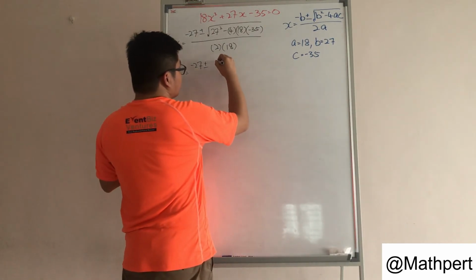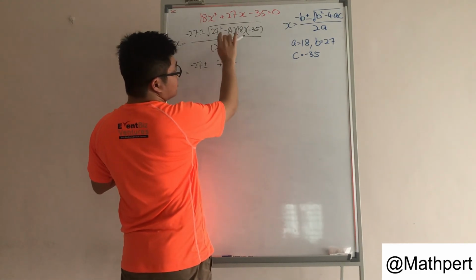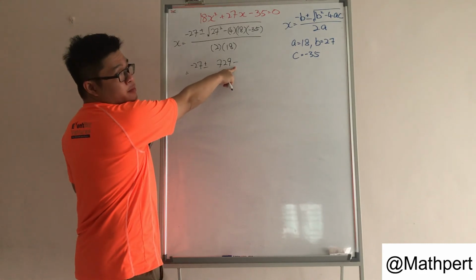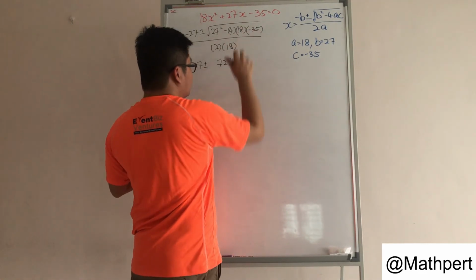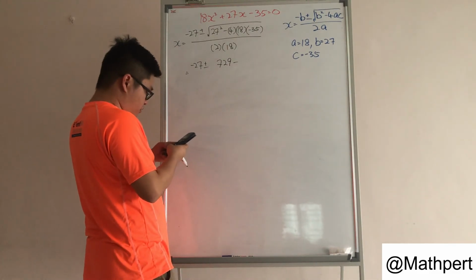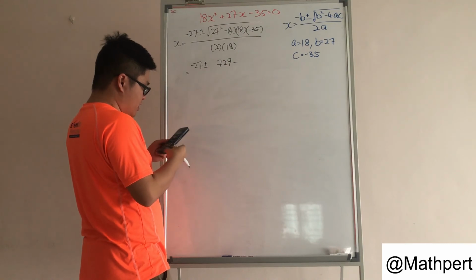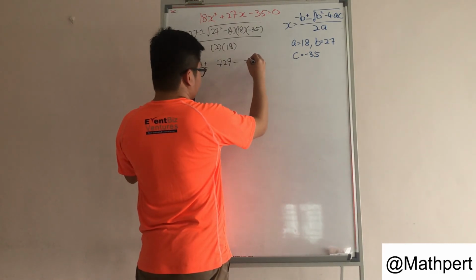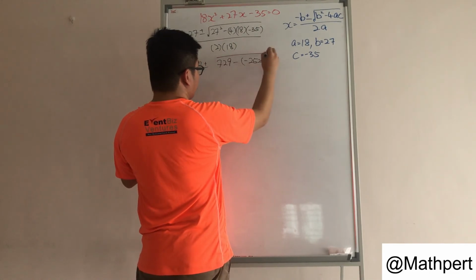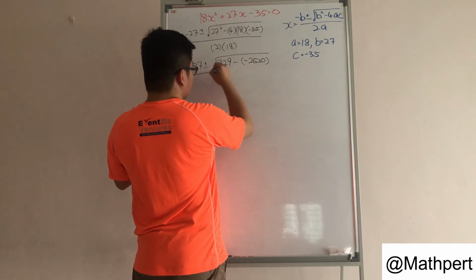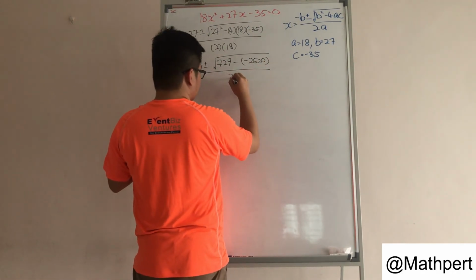We got 729 minus, this is minus, so I write down minus 4 multiply 18 multiply negative 35. How much do we get? 4 multiply 18 multiply negative 35, we get negative 2520. The square root divided by 18 times 2 is 36.